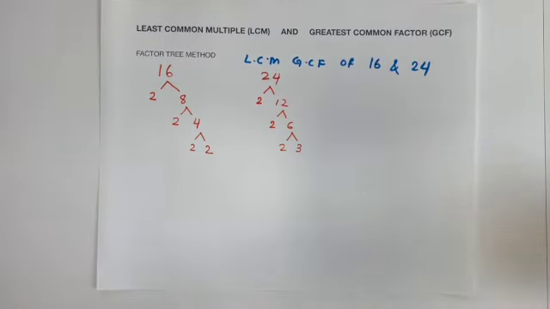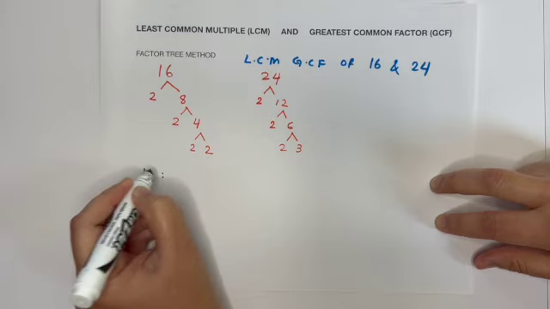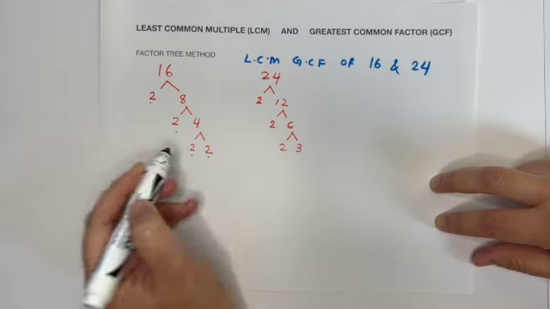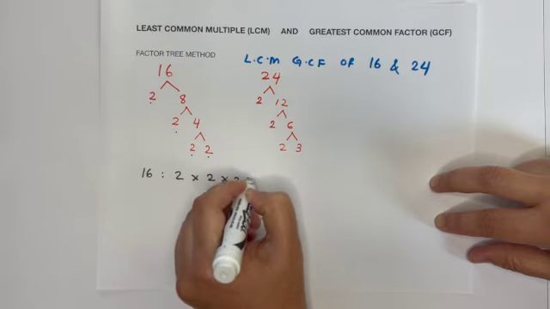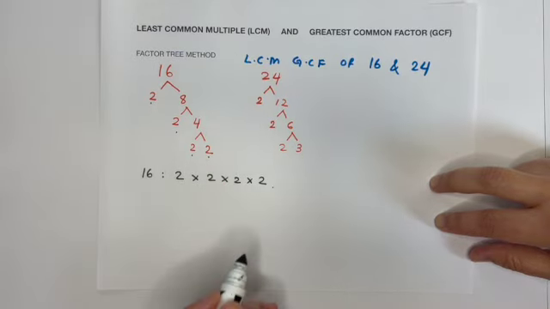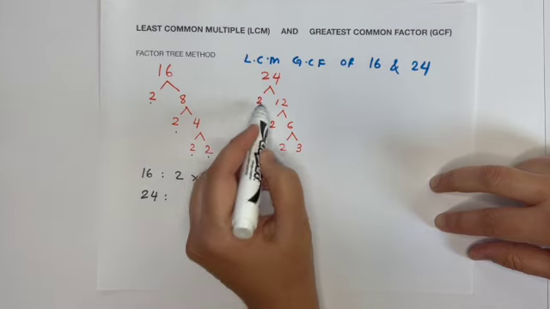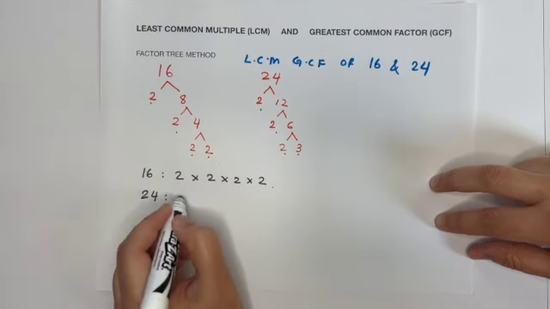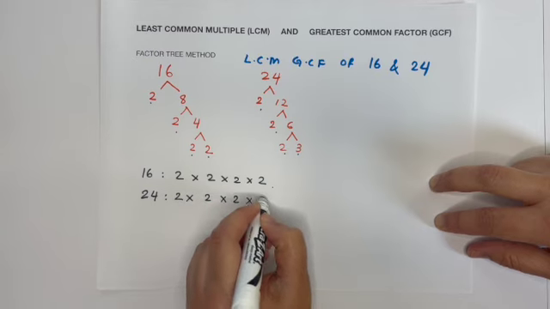So now we have all the prime factors. For 16 we have 2, 2, 2, 2, so 2 times 2 times 2 times 2. And for 24, we have 4 prime factors: 2 times 2 times 2 times 3.